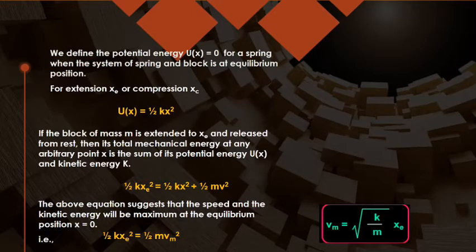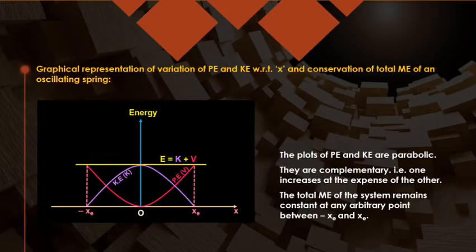If I want to do the graph plotting, you can go with that also. Because the potential energy is half kx square, it is directly proportional to x square, so you are going to get a parabolic curve. At the mean position the potential energy is 0; at the extreme stretched position it is maximum on one side, and again maximum on the other extreme, but the sign you may take negative.